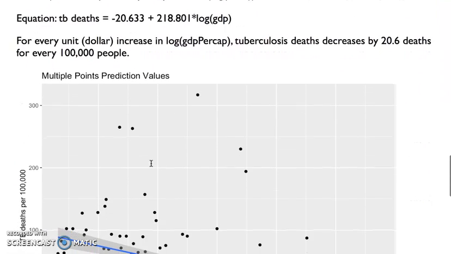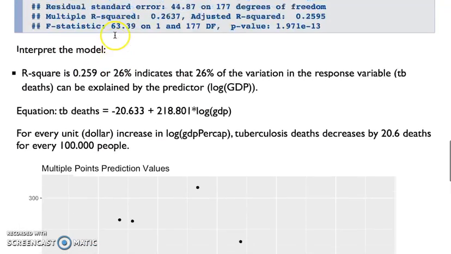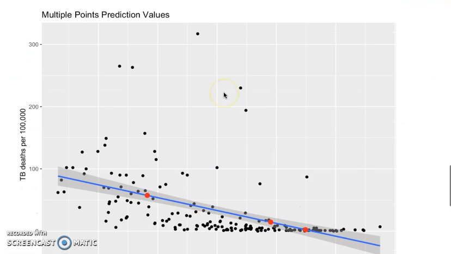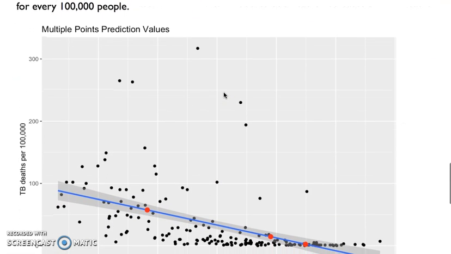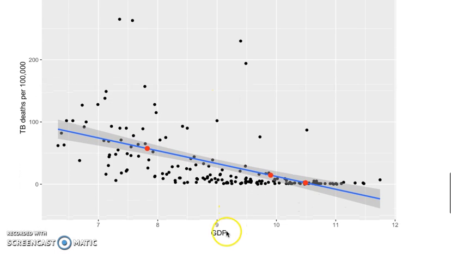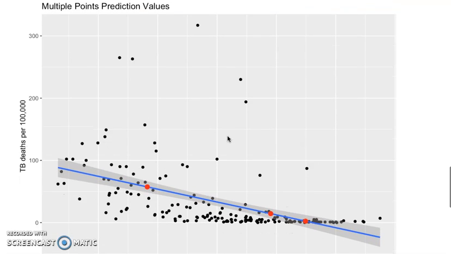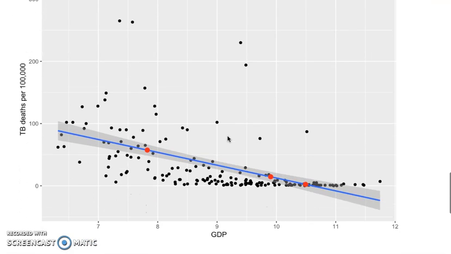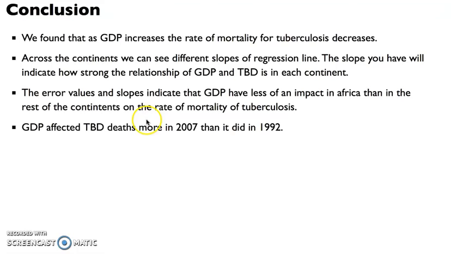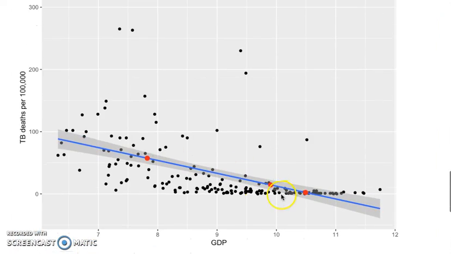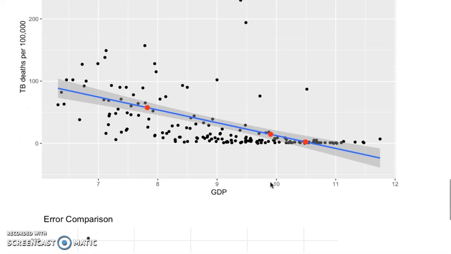So we found the equation of TB deaths to be negative 20.63 plus 218.801 log GDP. What this means is that for every unit dollar of log GDP there is a decrease of 20.6 deaths. So as we can see here, there is a decrease, and it would be 20.6 deaths per 100,000 people.